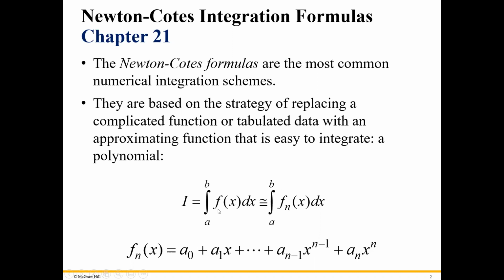But we are not using the equality sign over here. We are using the approximately equal sign. This means approximately equal, because we are making an approximation of this integral with another integral involving the polynomial function. The polynomial function is in this form, which you all know, a naught plus a1x and so on.